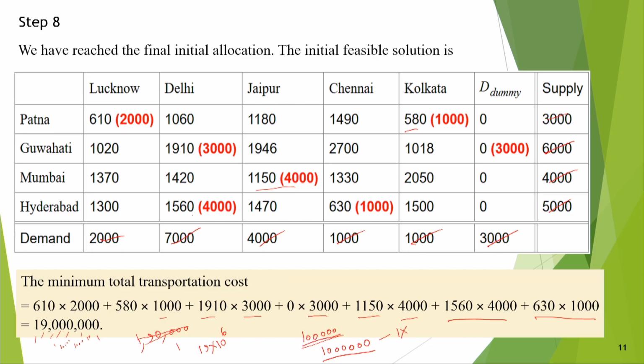So we say 1 into 10 to the power 6, million. Sometimes big numbers come, and that much big number we don't deal. So 1 into 10 to the power 6 will be called 1 million, or we can say this is basically 10 lakh.